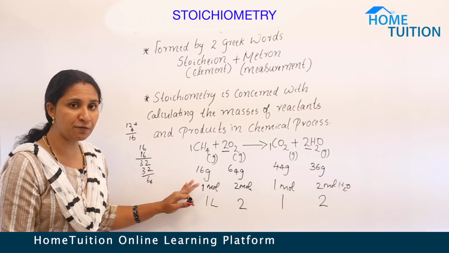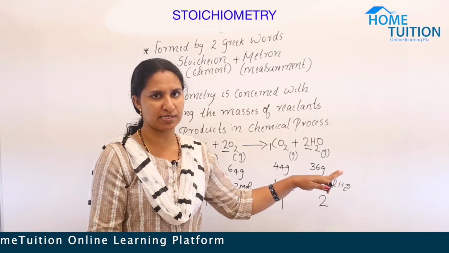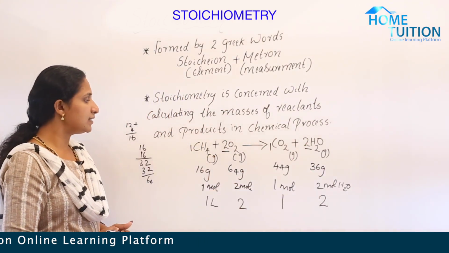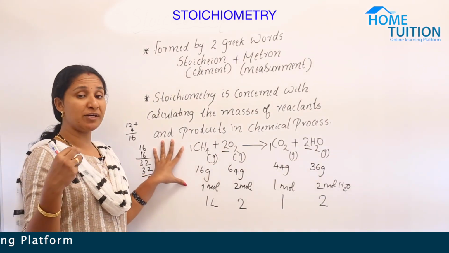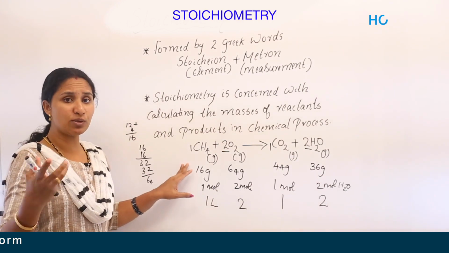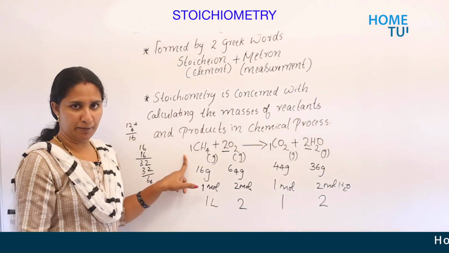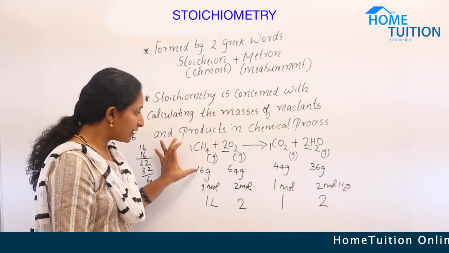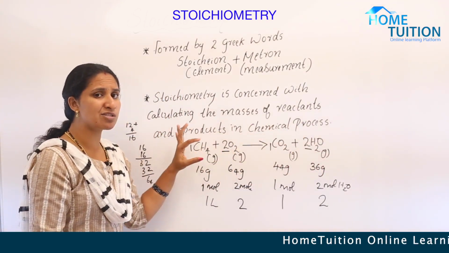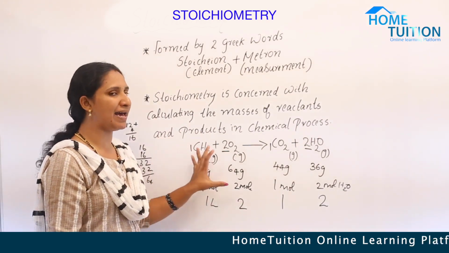And these are derived from the stoichiometric coefficients. If we want to find the amount of oxygen required to combust 32 gram of methane, how can we calculate? Yes, we can calculate that using the stoichiometric coefficients or the balanced equation.